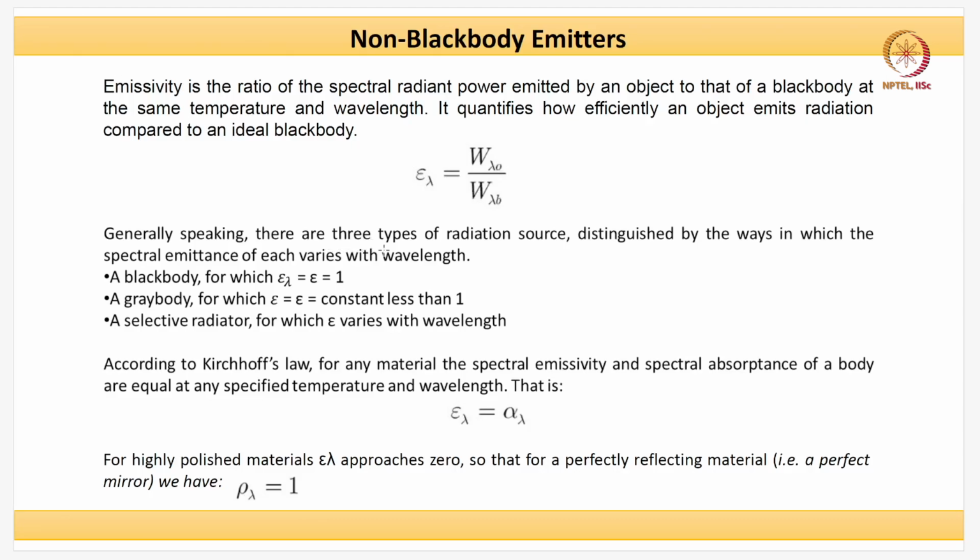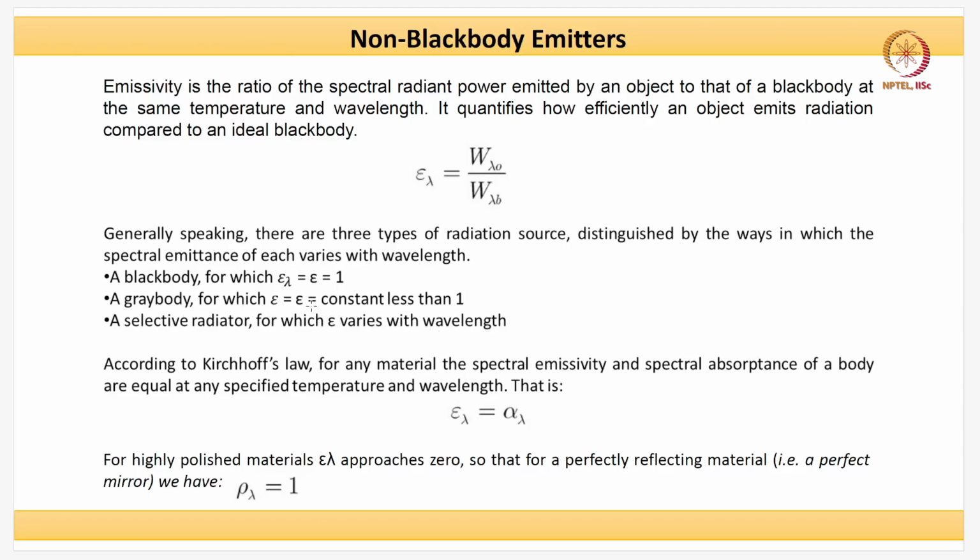Generally speaking, there are three types of radiation source distinguished by the ways in which the spectral emittance of each varies with wavelength. A black body, for which the emissivity is equal to 1 at any given wavelength. A gray body, for which the emissivity is a constant, but it is less than 1. And a selective radiator, in which the emissivity is a function of wavelength.